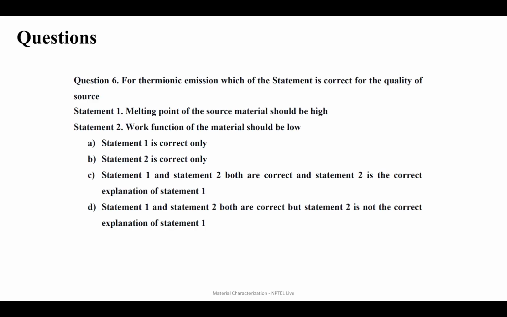For thermionic emission, which of the statements is correct for the quality of source? Statement 1: Melting point of source material should be high.